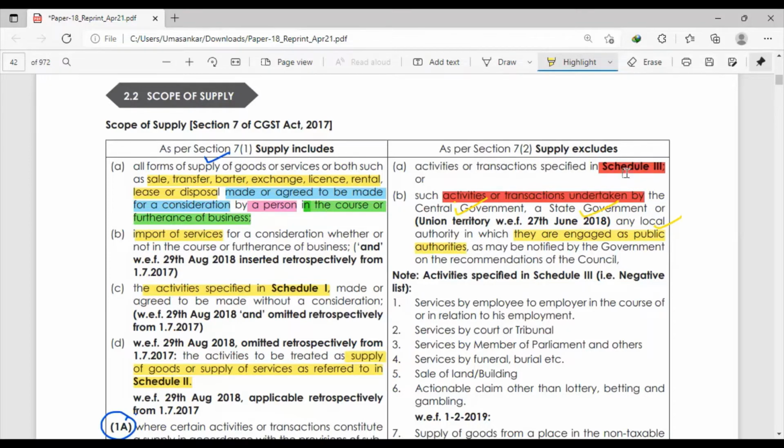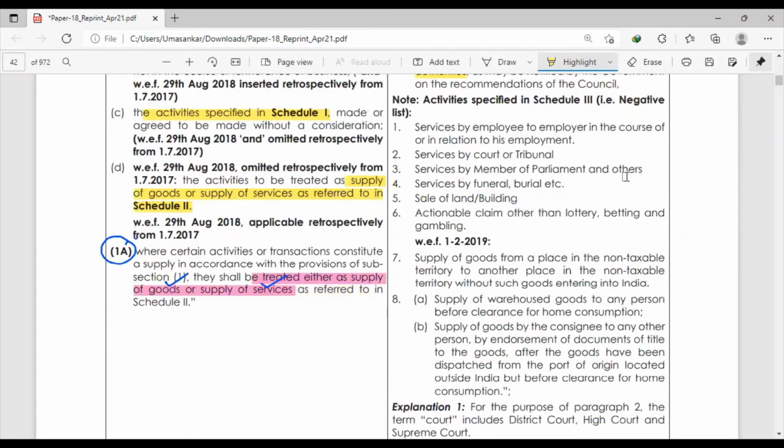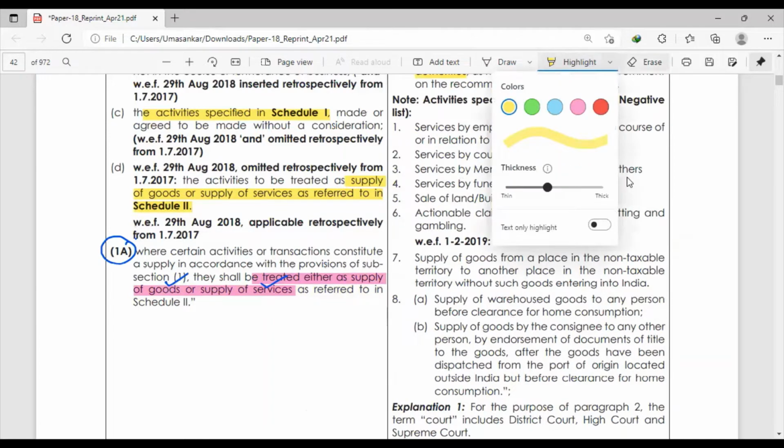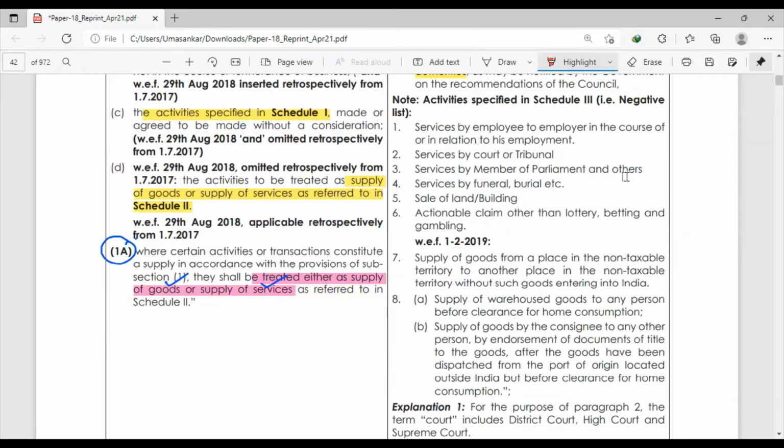Now we'll go under Schedule 3. Schedule 3 covers some of the activities which are in the exclusion definition. I'll highlight in red color: services by an employee to employer in the course of or in relation to his employment. It is just like a negative list.